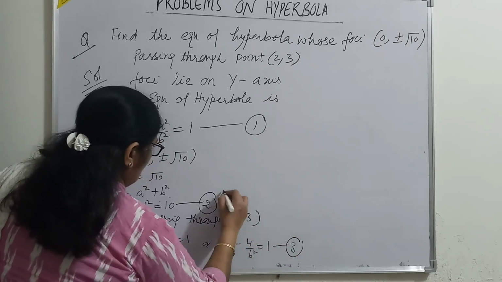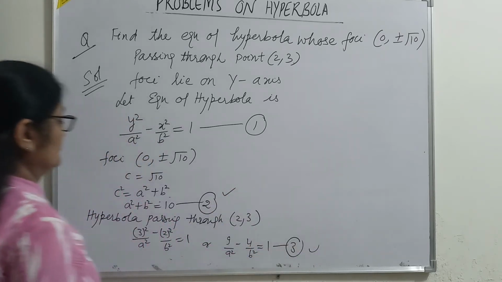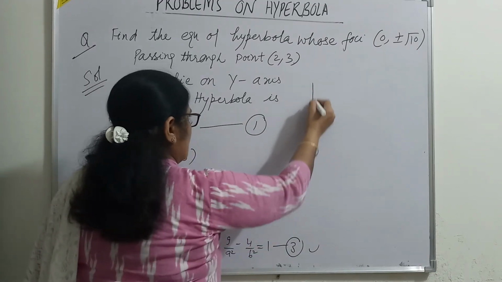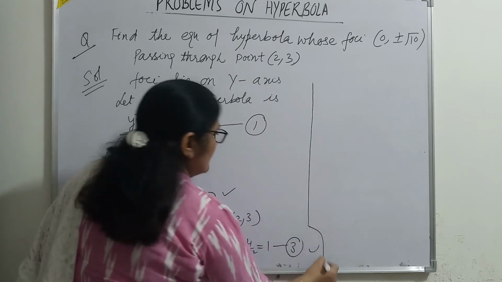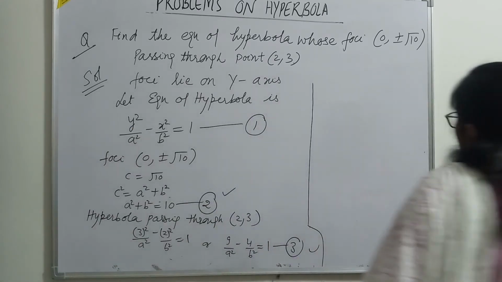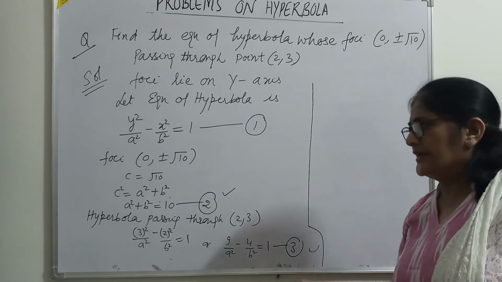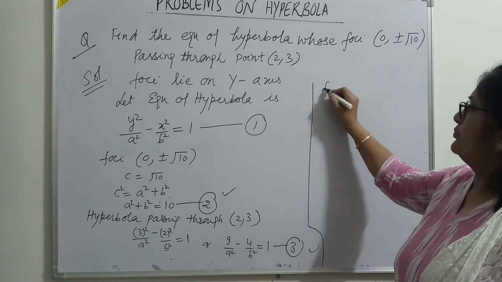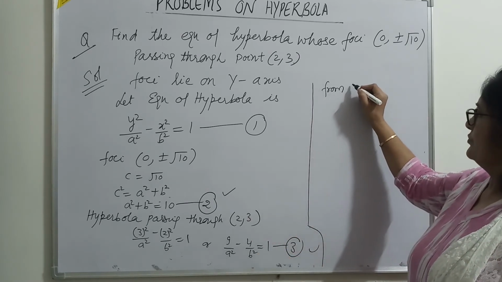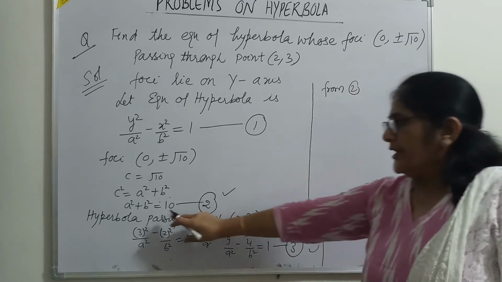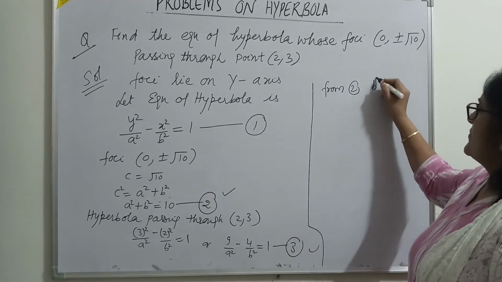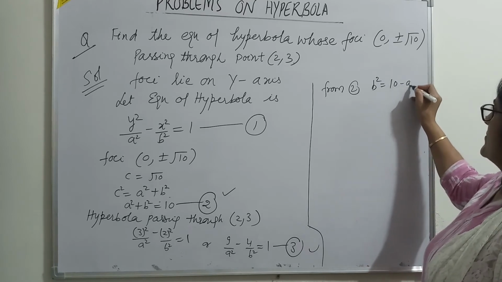Now equations 2 and 3: 2 unknowns and 2 equations. You can suppose a² as x or some other term t, or solve directly from 2. You take either a in terms of b or b in terms of a. As we have taken, b² is 10 − a².